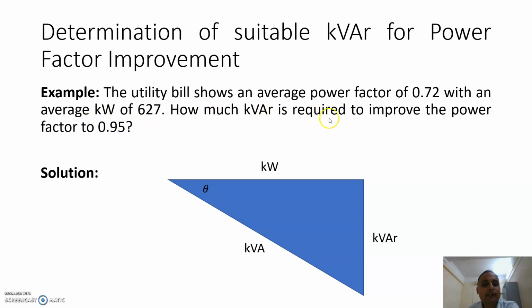How much kVAR is required to improve the power factor to 0.95? So we have seen that an average of 627 kW is consumed by the industry, and the bill shows a power factor of 0.72 which is maintained.